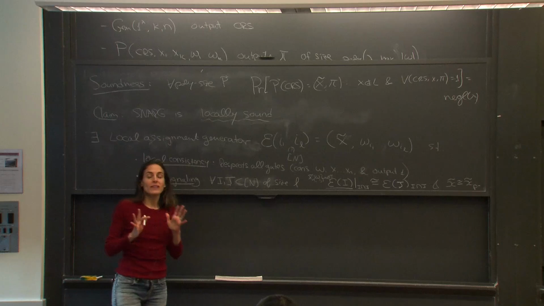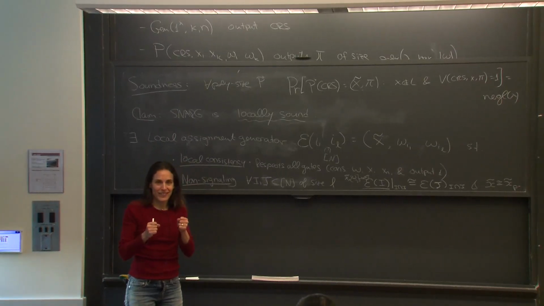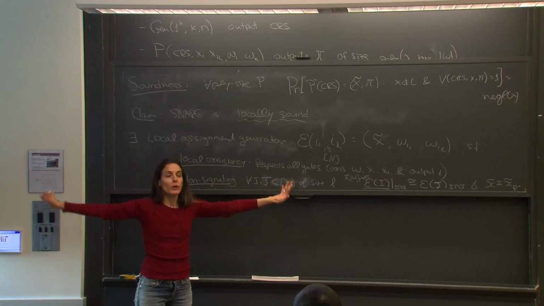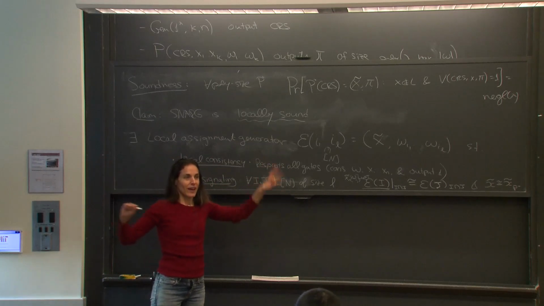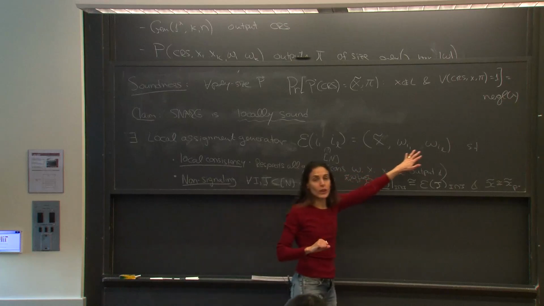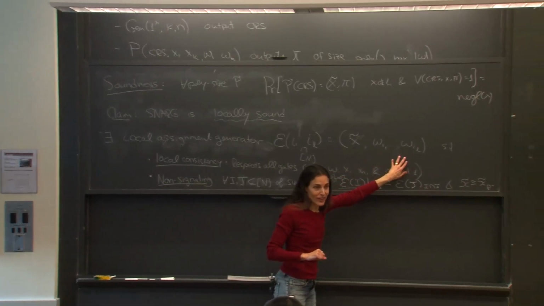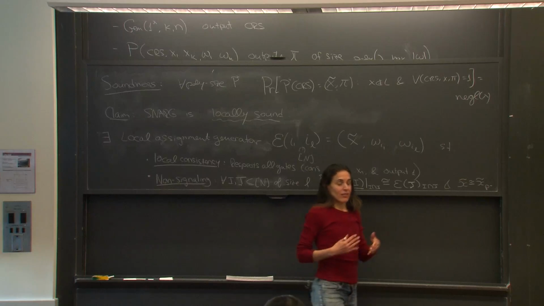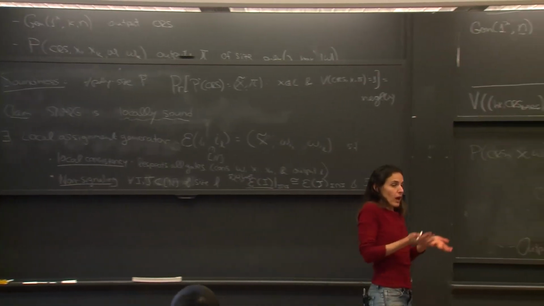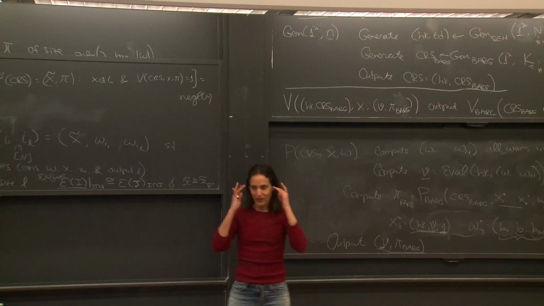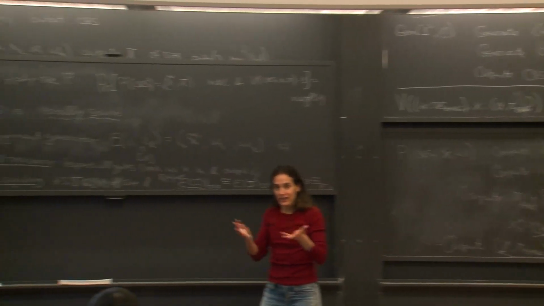Note, if it was non-adaptive, X tilde would be fixed ahead of time. Nobody would need to generate it anymore. And the extractor, the local assignment generator, would only give values to the wires. But in the adaptive setting, you give P star the CRS, and he gives you a different X tilde.